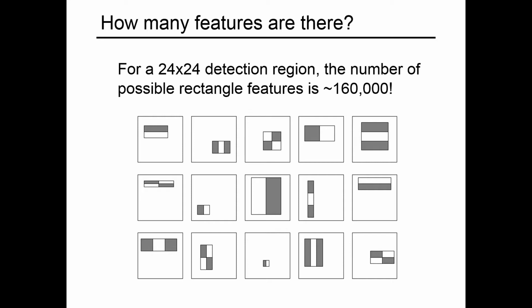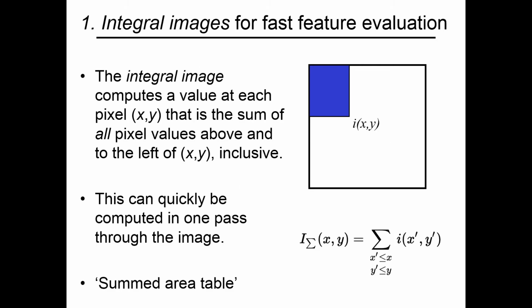That's the detection region they pick. And to compute this filter efficiently, the authors made an ingenious observation. Basically, what you're doing is simply summing over an area, a block, a rectangle of pixel values, right?